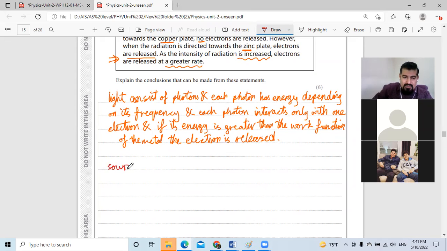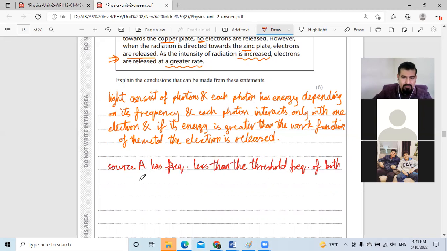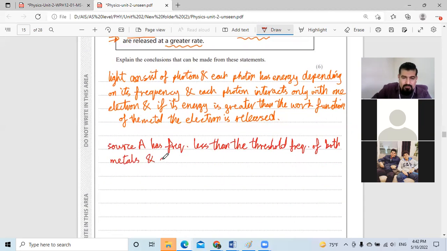Source A has a frequency less than the threshold frequency of both metals, and also the photon energy is less than their work function.